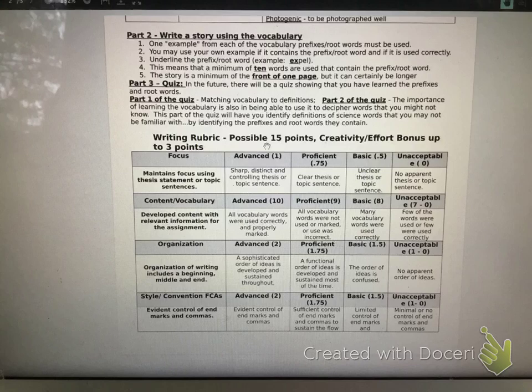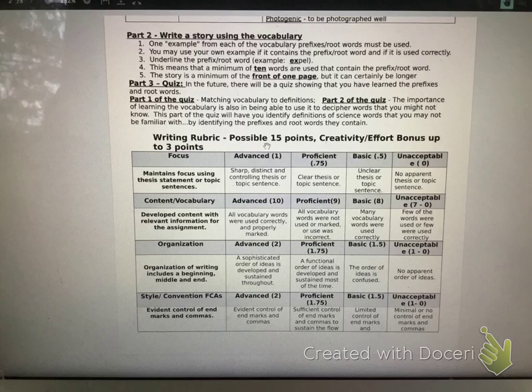So that means that you're going to then underline just the prefix. You're going to have 10 words total usage, and if you want to go as far as writing a full 1-page story, that's perfectly fine. It can be longer than a paragraph, obviously.